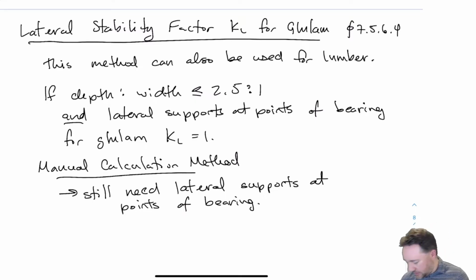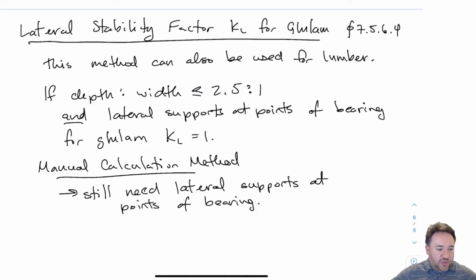For every other beam, like for this one, where certainly depth to width is a bit greater than 2.5 to 1, I'm going to have to actually calculate KL using this method. And even though we're calculating KL, we still need those lateral supports at points of bearing to prevent lateral movement and rotation.